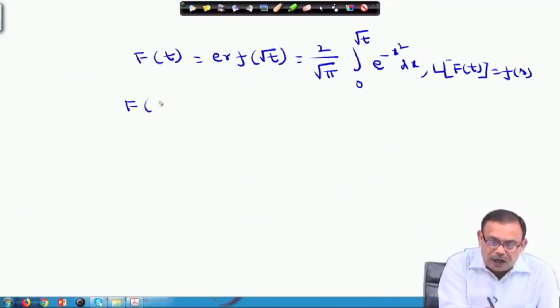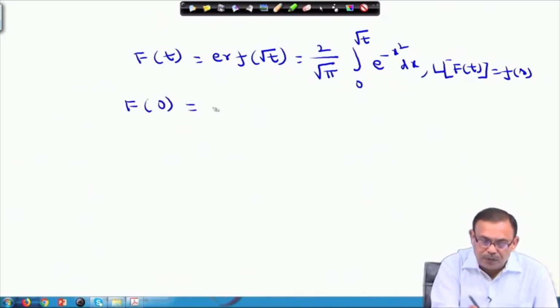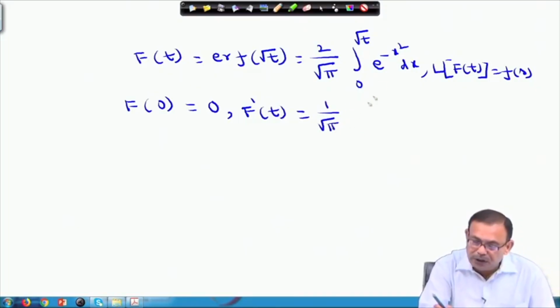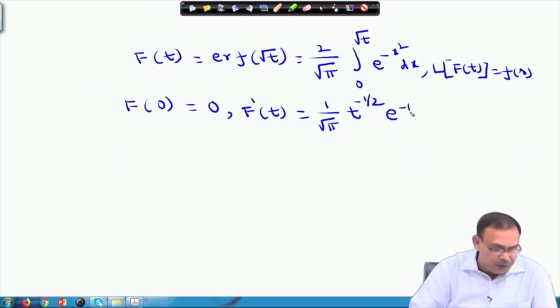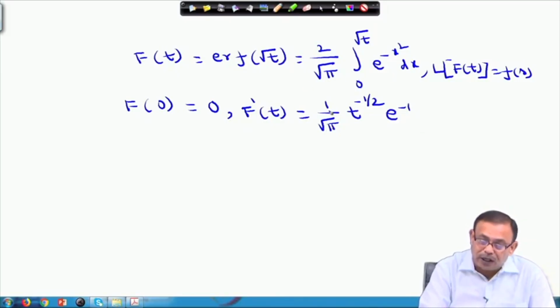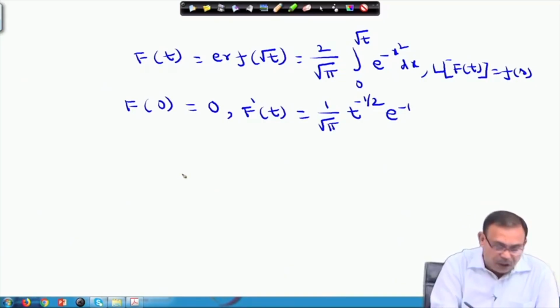From here directly you can say your f 0 will be equal to 0 like earlier cases, and using the Leibniz integral theorem f dash t I can write down as 1 by root pi times t to the power minus half into e power minus t. Using the Leibniz formula, I obtain f dash t by using the integral formula, equal to 1 by root pi t to the power minus half into e power minus t.